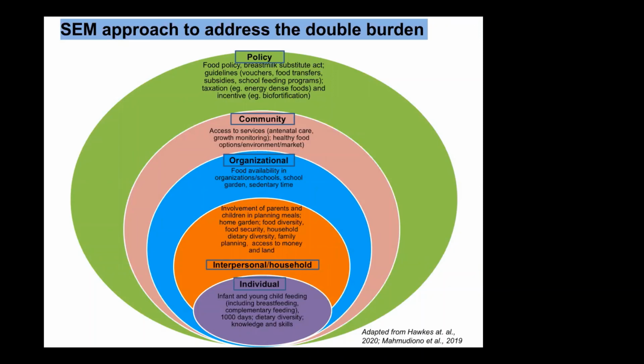Maybe in some parts there is no access, but we cannot say that in rural areas we cannot get this ultra-processed food. Rural areas now have more access to these kinds of foods, and that is the reason why the double burden is increasing in lower and middle income countries.